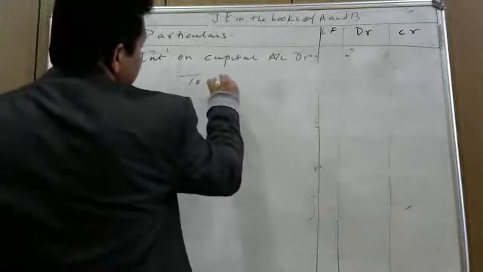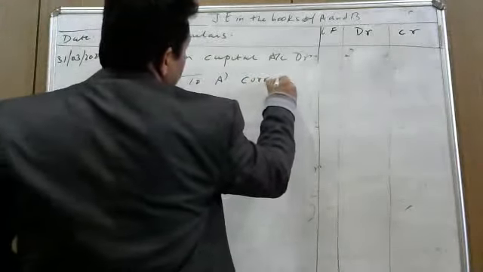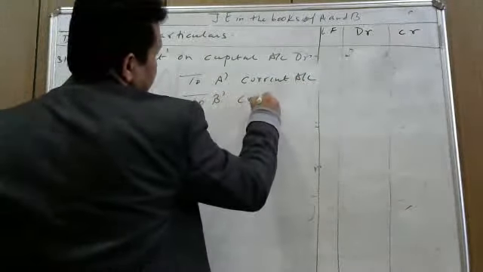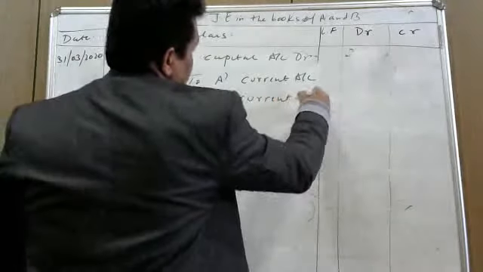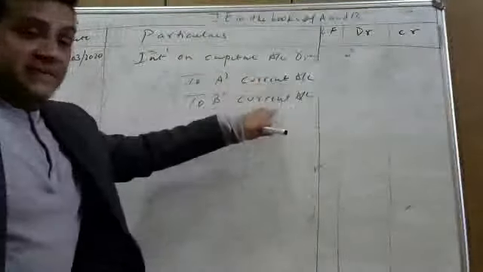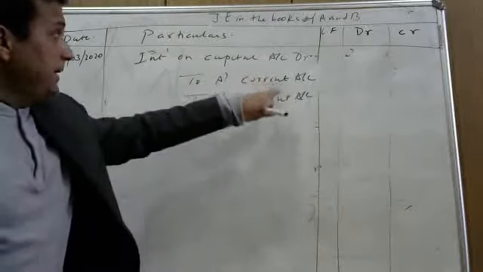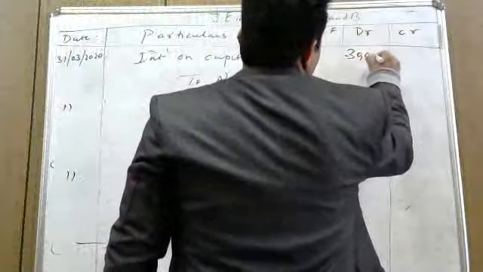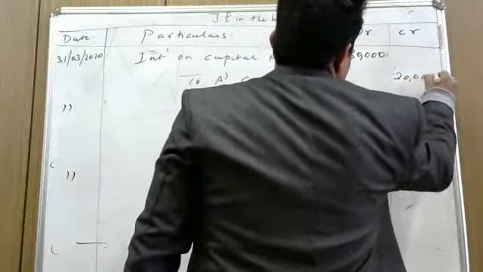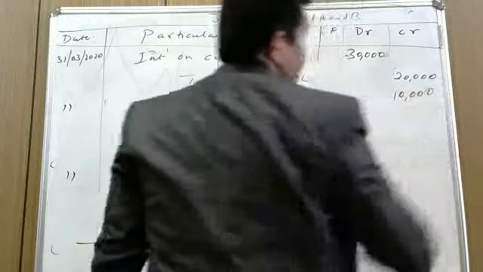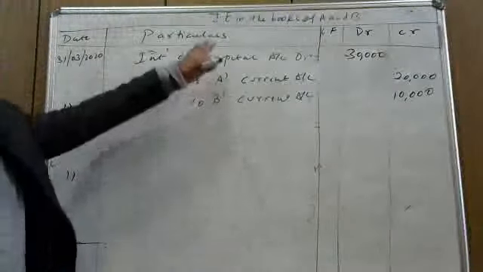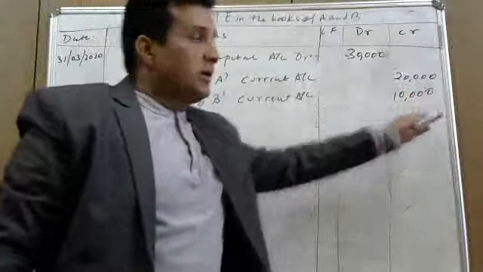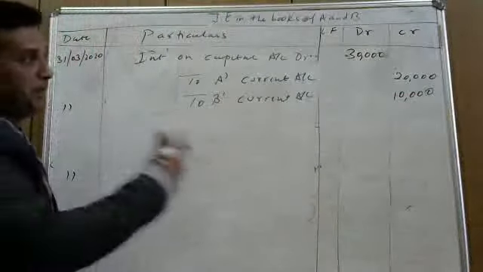Both A and B. We write to A's current account and to B's current account. So see very carefully: A and B are getting salary, and A and B are getting interest on capital. The firm is providing total interest of 30,000, out of which A's share is 20,000 and B's share is 10,000. This is the important thing: interest on capital, A's share is 20,000, B's share is 10,000.